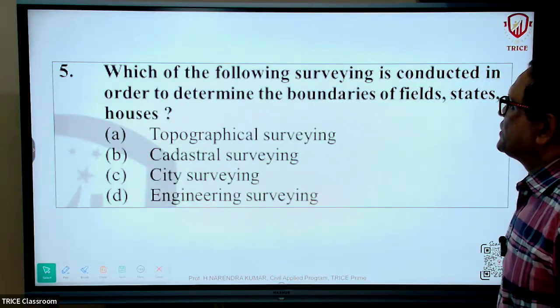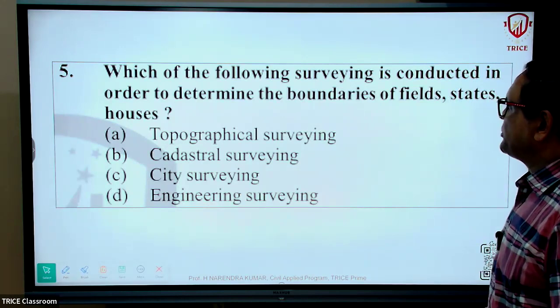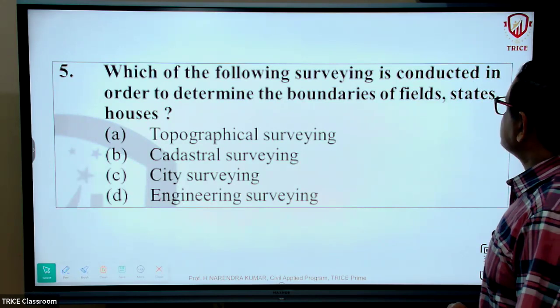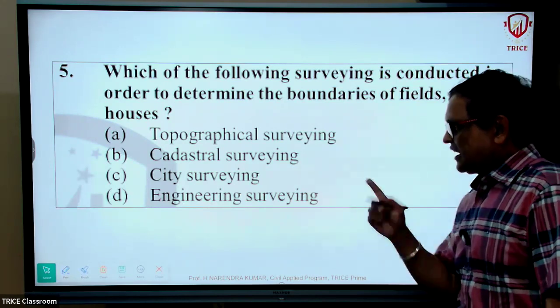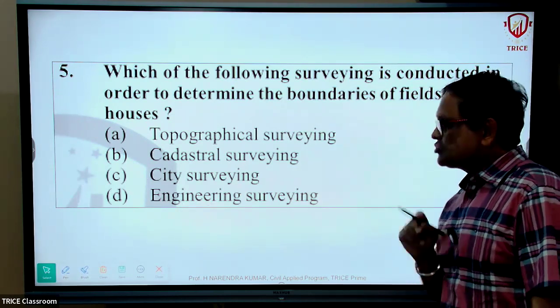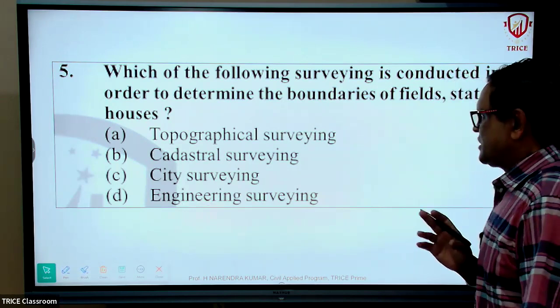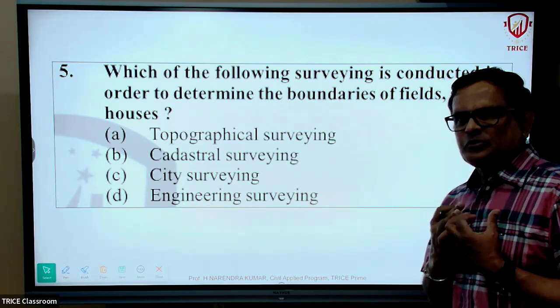Okay, next question. Which of the following surveys is conducted in order to determine the boundaries of fields, states, houses? That is why, while giving the answer for topographical surveying, I also explained the meaning of cadastral. I don't know how many of you are concentrating on my explanation.